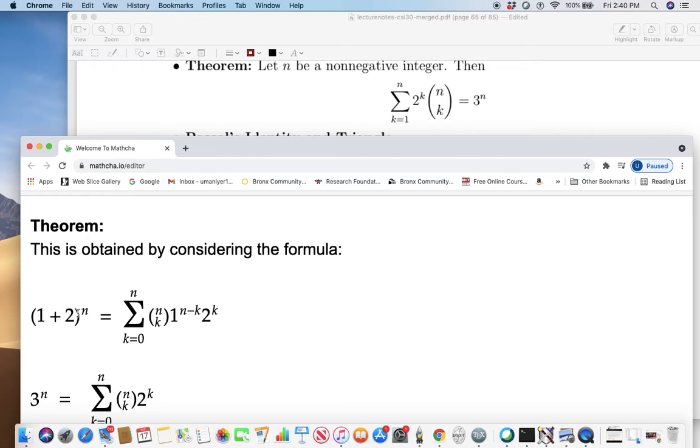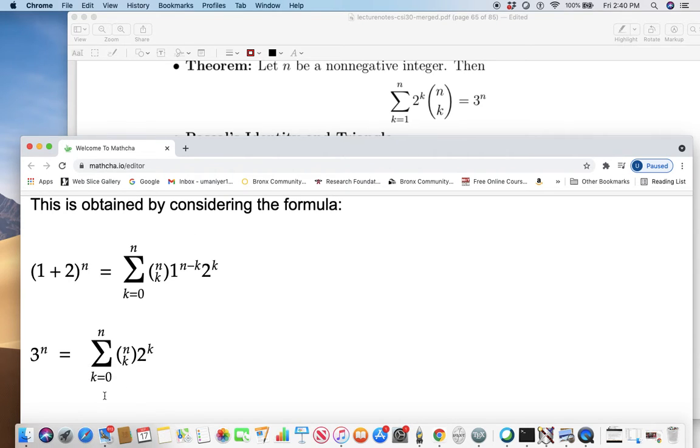This is obtained from 1 plus 2 to the power n, that is, k goes from 0 to n, n choose k. So all I have used is the binomial expansion, x is 1, y is 2. When you do this, you get k going from 0 to n, n choose k, 2 to the power k. So it should be 0 to n. All right.